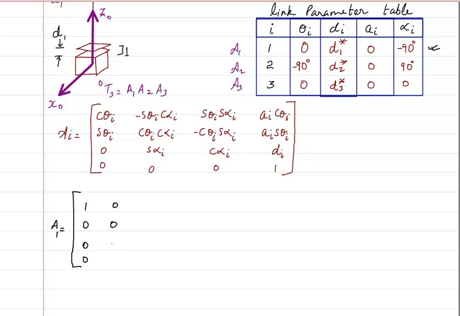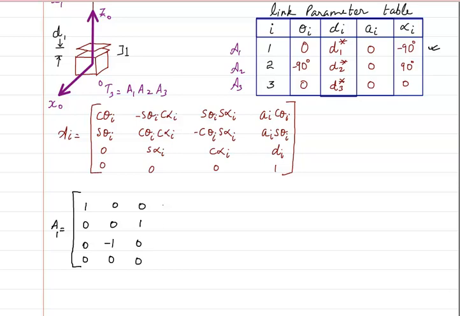Then here I am having sine of minus 90, which is going to be minus 1, then 0. Similarly, for the last one, sine of 0 is going to be 0, cos of 0 is 1, sine of minus 90 is minus 1, minus 1 of minus 1 becomes 1, cos of minus 90 is going to be 0, 0.